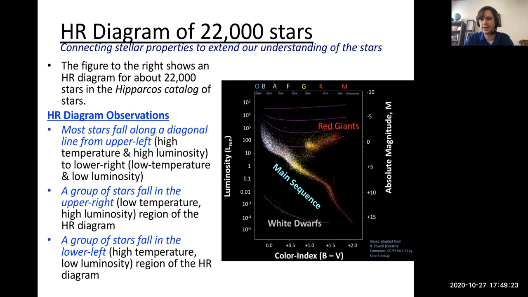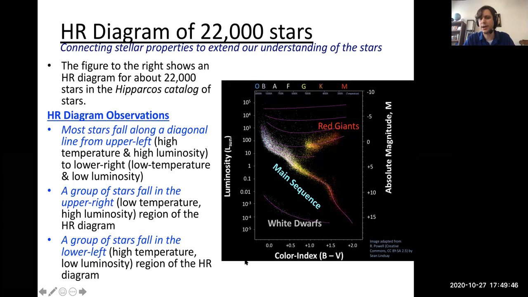The Hipparcos satellite was launched by the European Space Agency quite a while ago, and it went up there and measured not only the parallax of stars, but if it knew the parallax, then it could determine the distance. And if it knew the distance, it could measure the apparent brightness and get the absolute brightness, our luminosity, or absolute magnitude.